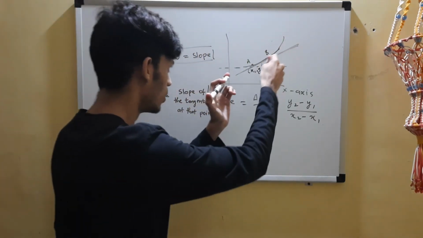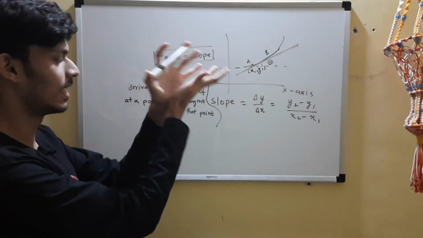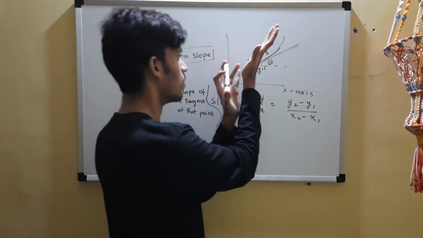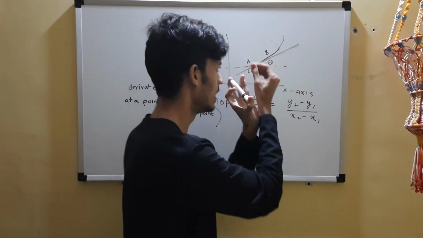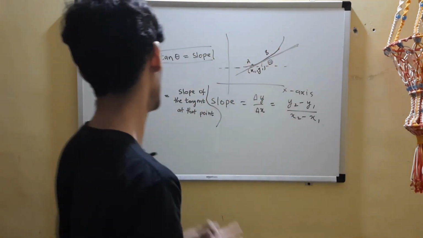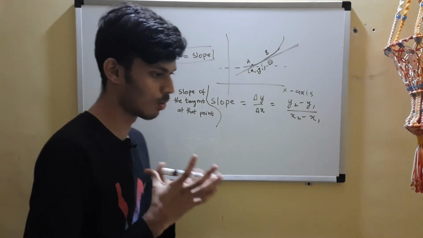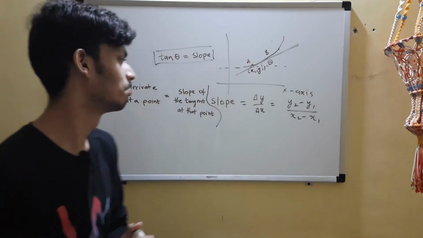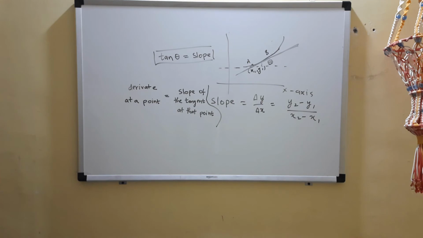We brought it closer and closer. It was a chord before. Slope is also defined as tan theta for those who don't know this definition. As we brought it closer and closer, the rate was changing, and finally it settled down to a certain value, and that is the derivative at that point. So the derivative at a point is the slope of the tangent to the curve at that point. Okay, so this was the geometrical view. You can note that down also.